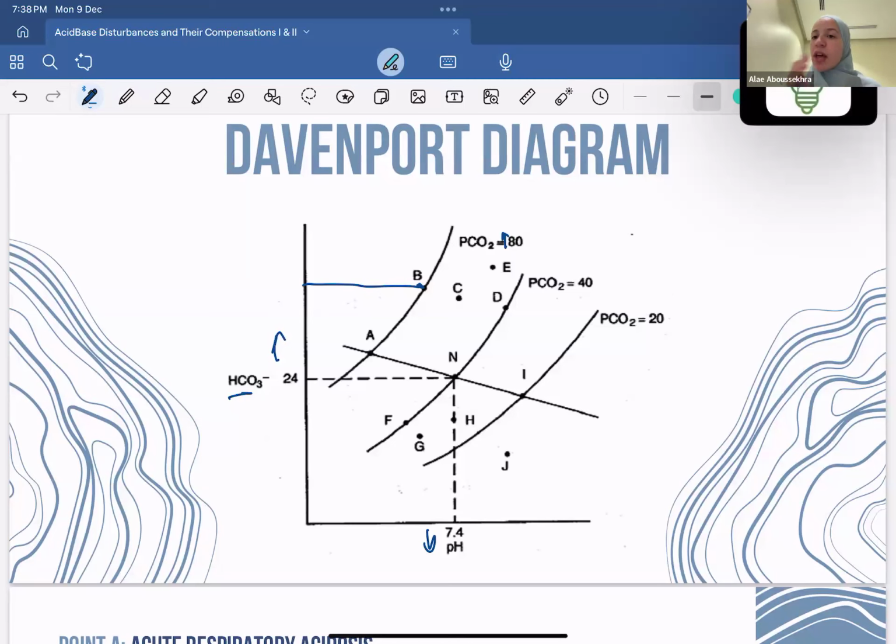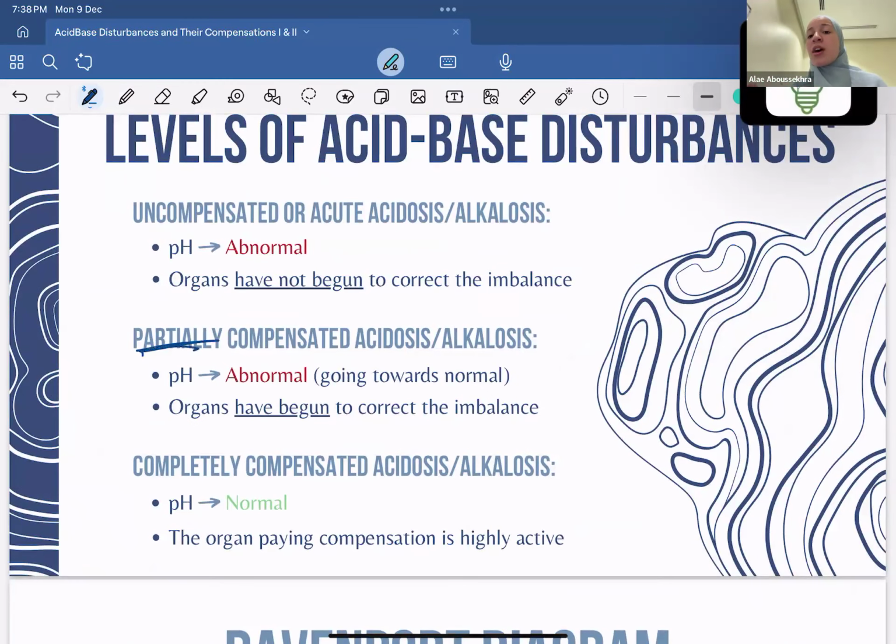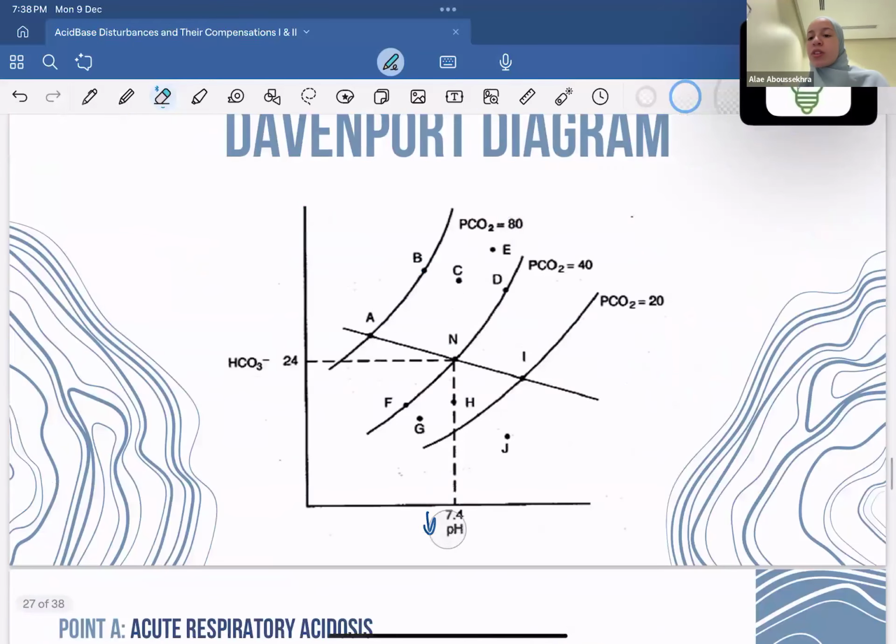CO2 is increased and the compensation, bicarbonate, is increased. So that works. So we know that point B is a respiratory acidosis that was partially compensated. Okay, why partially and not completely? Because the pH is still abnormal, like we said here. So in partially compensated, the pH is still abnormal. So yeah, that's point B.